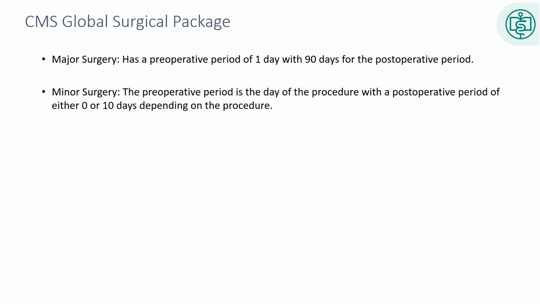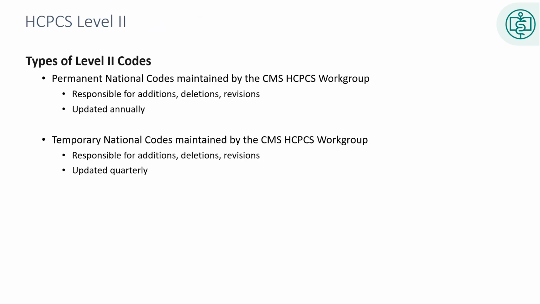The 90-day global period applies to surgical procedures that are considered major and include procedures such as major organ transplant and complex orthopedic surgeries. The global period for these procedures is a little different. It's actually a total of 92 days. We count day 1 before the surgery, the day of surgery, and 90 days immediately following the day of surgery.